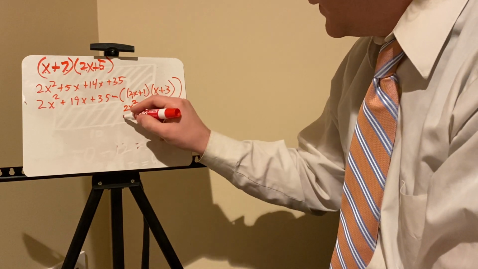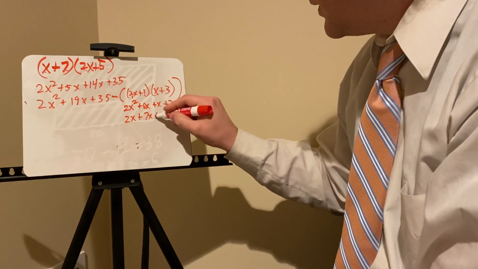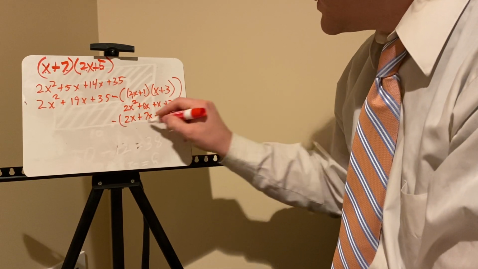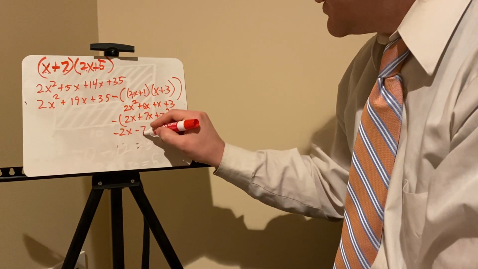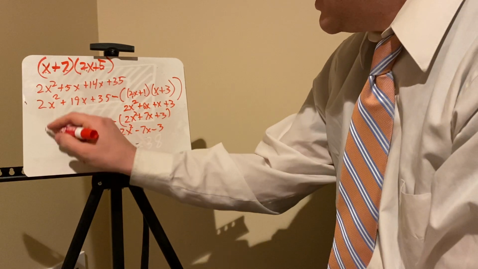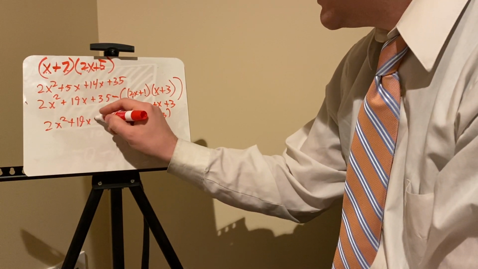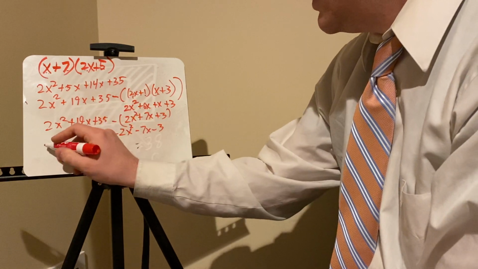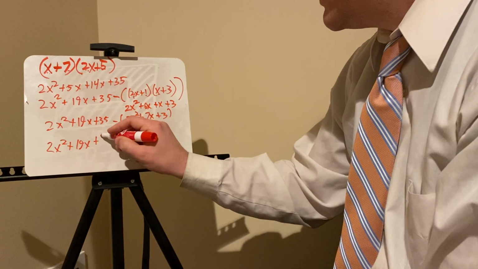Now, I can combine like terms. 2x squared plus 7x plus 3. This is all being subtracted, so I have to distribute the negative. Minus 2x squared minus 7x minus 3. And I'm doing 2x squared plus 19x plus 35.